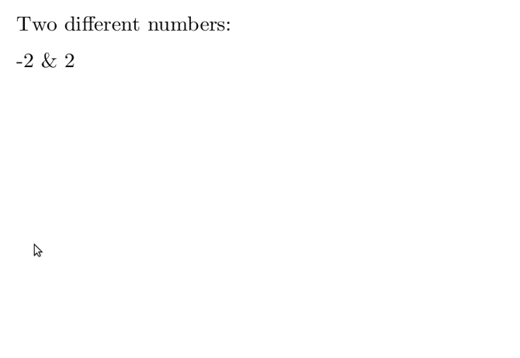Let's square both of these. -2 squared is equal to 4, because a negative times a negative equals a positive. And also, +2 squared equals 4. So these are two different numbers that when you square them will both give you 4.